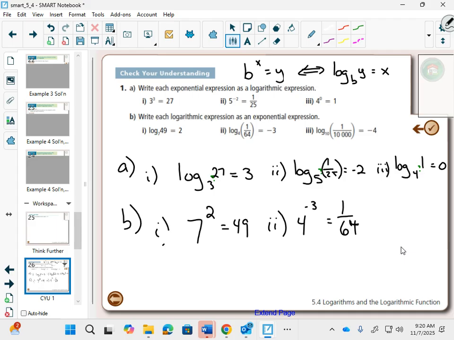And for the last one, the base is 10, the exponent is negative 4. Those would be the exponential forms for each of those. All right, circle questions 5, 6, and 8.